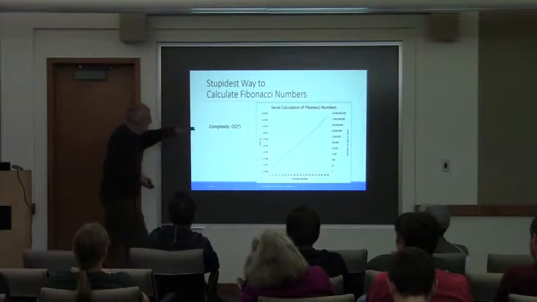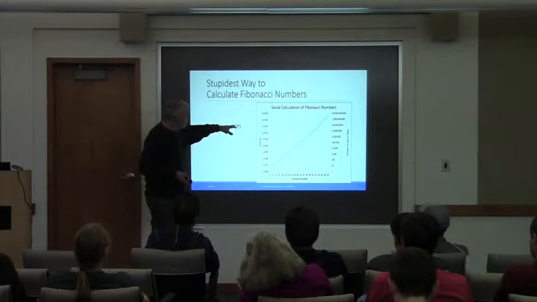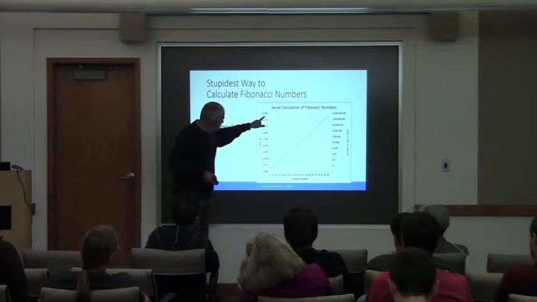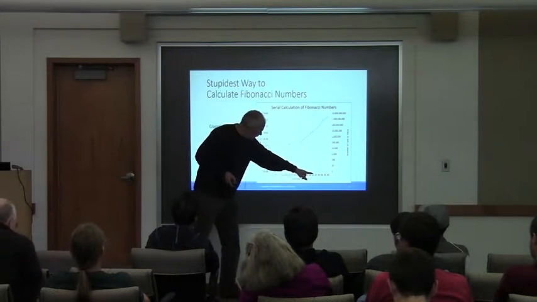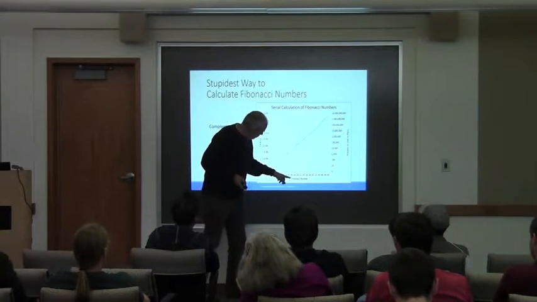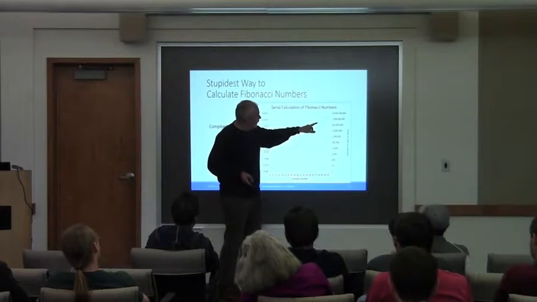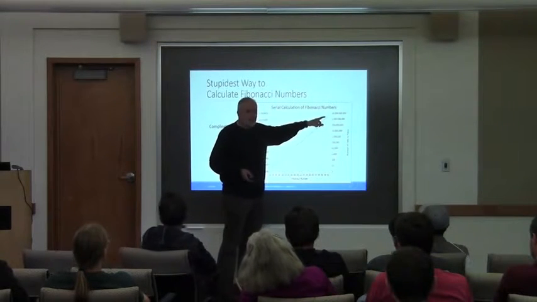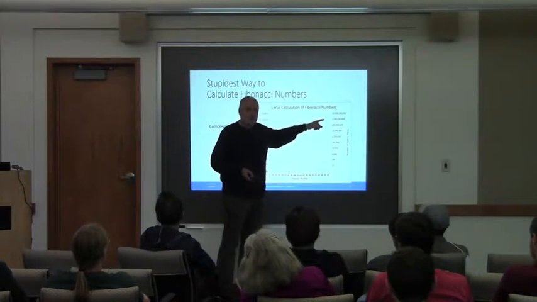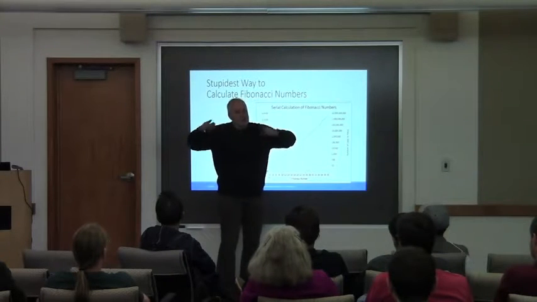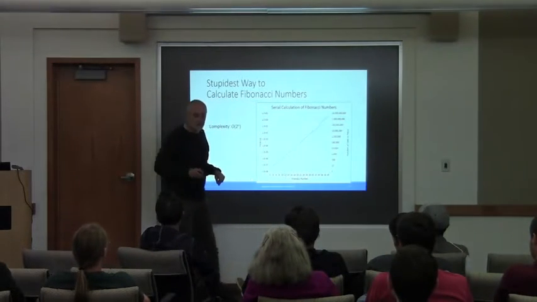Just to show that it's really 2 to the power of n, well, that's exponential. That's the number of Fibonacci I want to calculate. And Fibonacci 40 will execute that function roughly 5 billion times just by recursing into it over and over again, right?